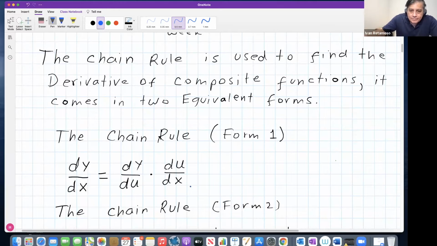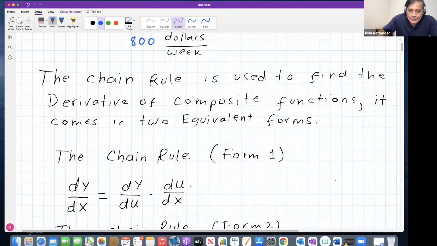Form one is this: derivative of y with respect to x equals derivative of y with respect to u times derivative of u with respect to x. And this form is due to Leibniz, German mathematician, and we're going to start with this form.